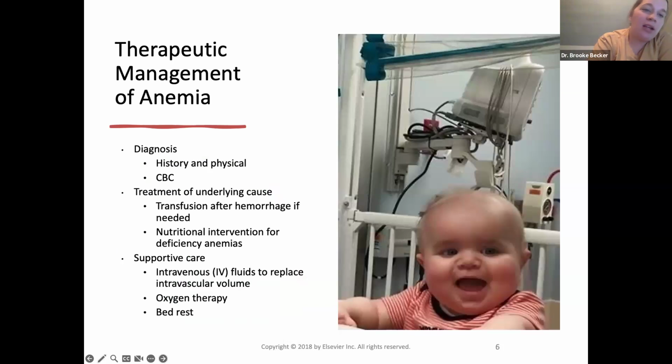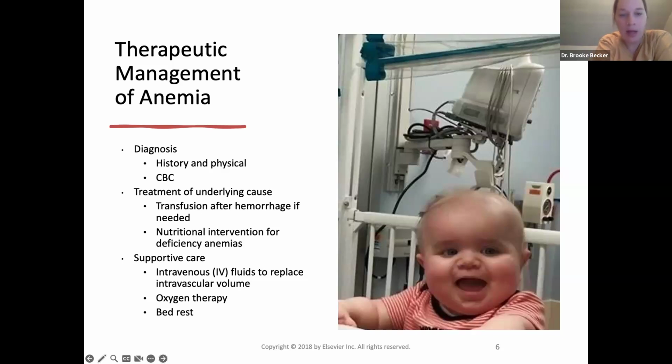Okay, so therapeutic management of anemia. Like I said originally, your diagnosis is going to be based off your history and your physical exam and also CBC results. Okay. Sometimes you might also look at iron levels or some of those nutritional deficiency levels. So your folate, your B12, all of that might be involved in the diagnosis of anemia. Treating the underlying cause is what is necessary for improving the anemia.